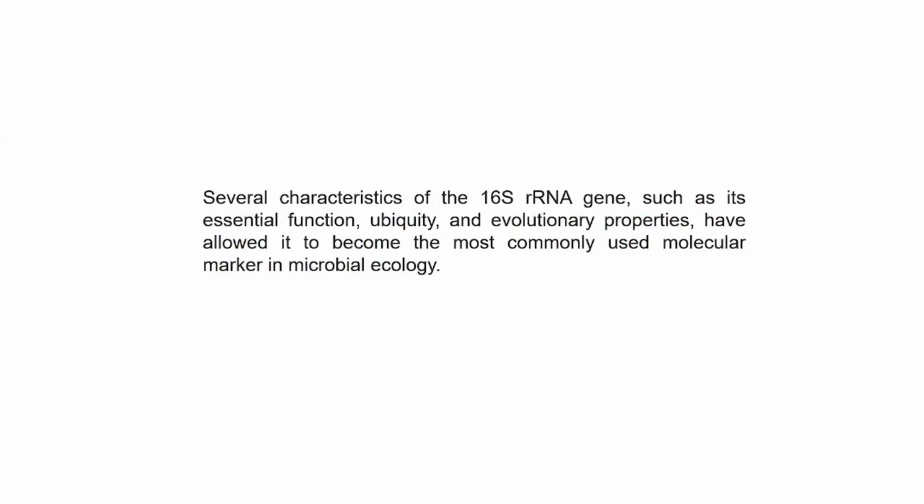I'm choosing this because we talked about 16S rRNA in one of the sessions, and it is mostly conserved across various species. Several characteristics of the 16S rRNA gene, such as essential function, ubiquity, and evolutionary properties, are very relevant, and have allowed it to become the most commonly used molecular marker in microbial ecology.